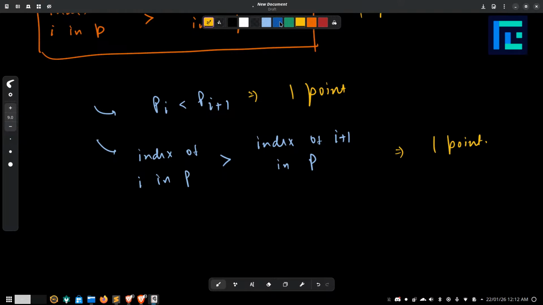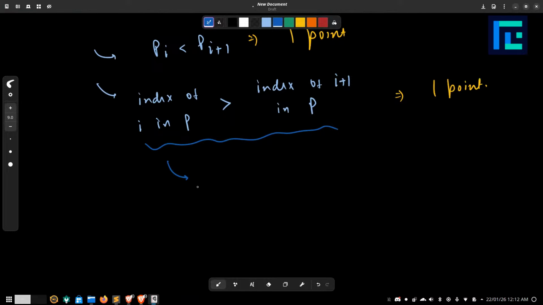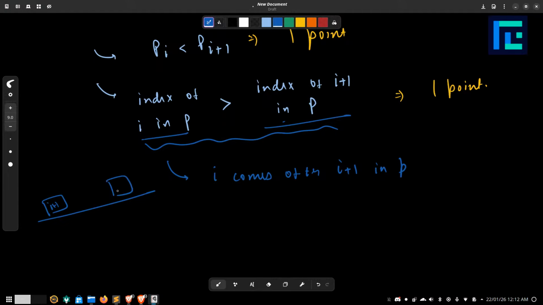If we try to translate this into even easier words, it simply means that i comes after i plus 1 in P. So basically index of i in P is greater than index of i plus 1 in P. If i plus 1 comes somewhere here in the permutation, then i will come after it.